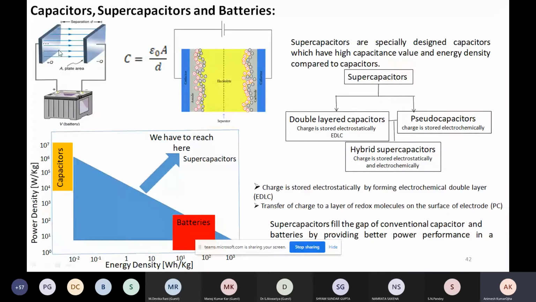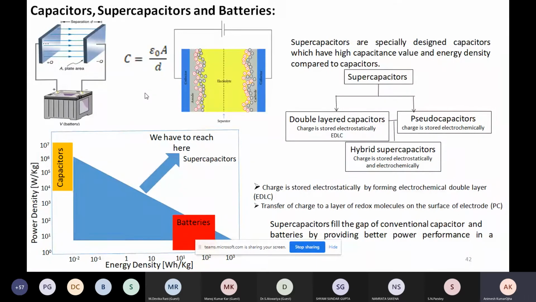The capacitance C is defined by epsilon naught A by D, where A is the area, epsilon naught is the permittivity of free space, and D is the separation between the plates. Without changing its physical condition, how can one increase its charge storage behavior?